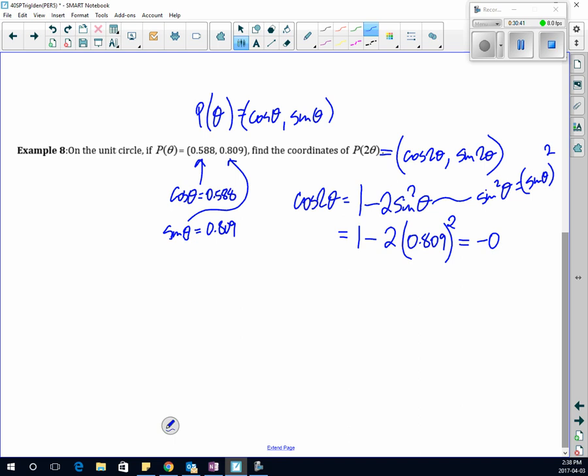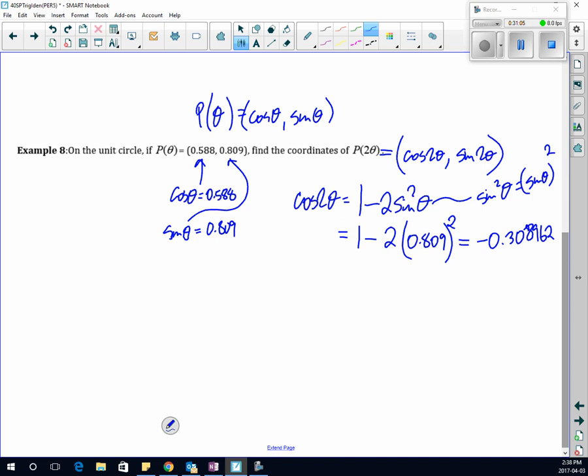So we get negative 0.308962. Because this is not necessarily an exact value, but I'm not rounding. If you use the different, the closed formula, you should still get the same answer.